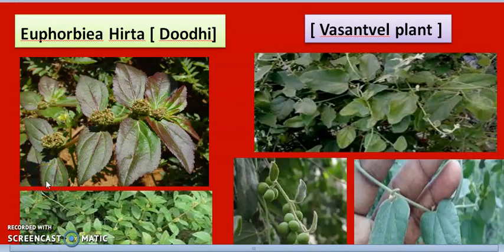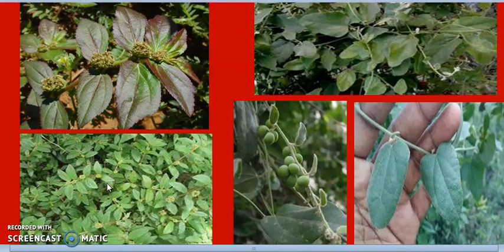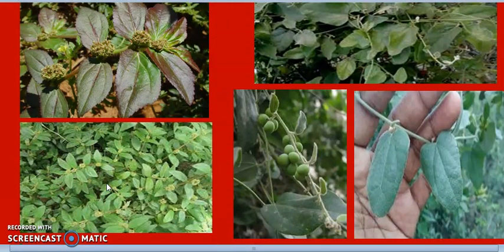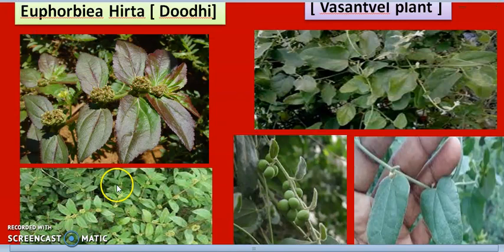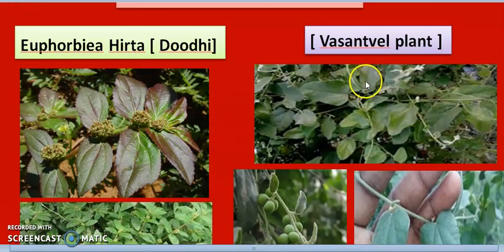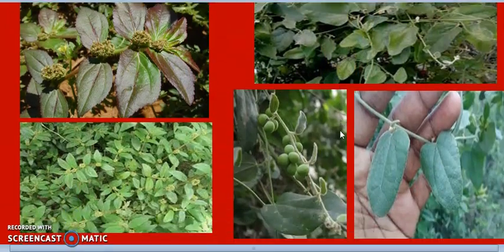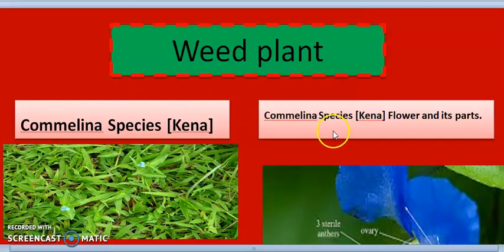Here we see the Euphorbia species weed plant, that is Euphorbia hirta, locally known as dudhi. In this image we see the dudhi or Euphorbia hirta weed plant, and in the next image we see the Vasantvel plant, which is also grown.